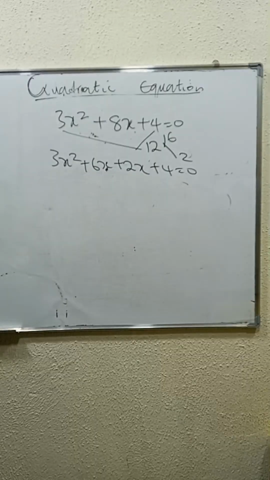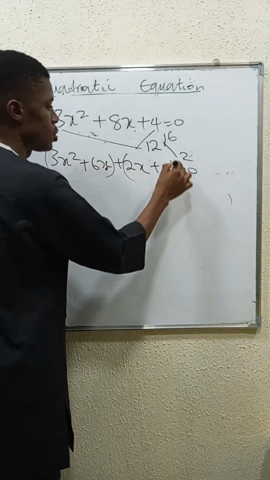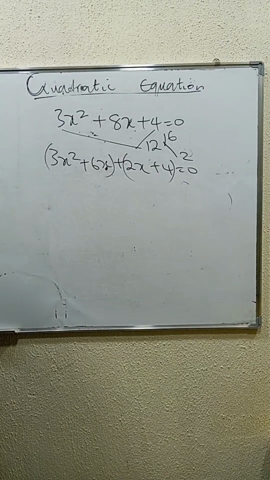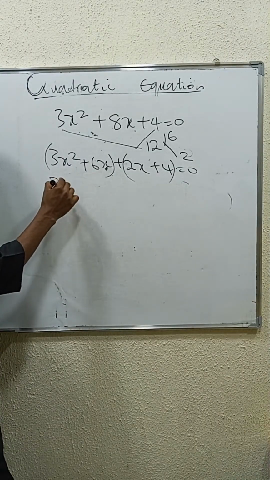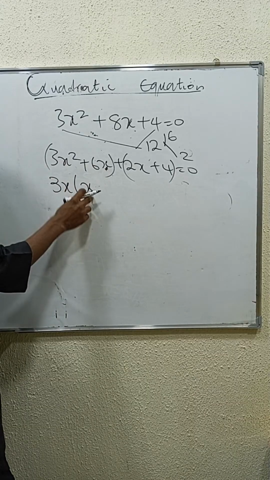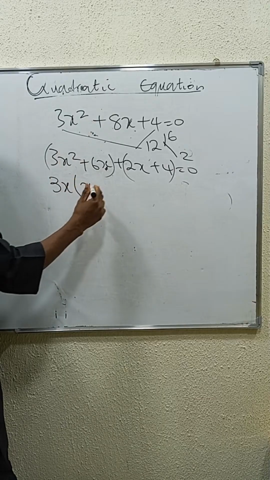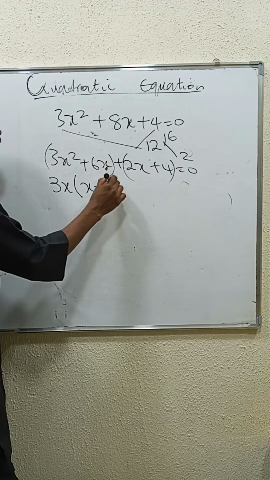Then the next thing we do is group the first two and the last two. If you factor the common term, you have 3x, and you'll be left with x. 3x times x is 3x squared. Then factoring out 3x from 6x, you'll be left with 2.